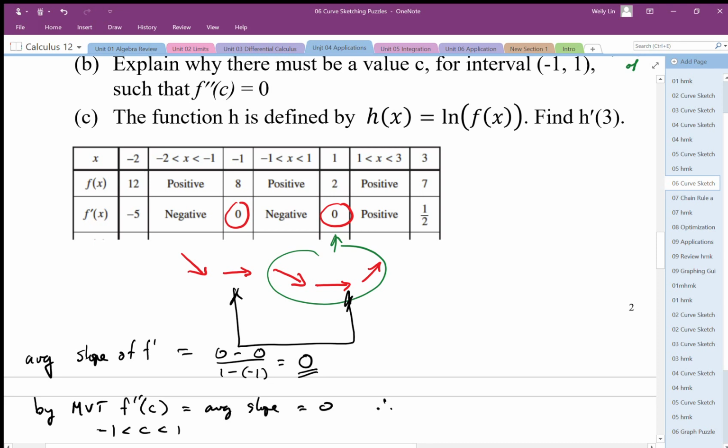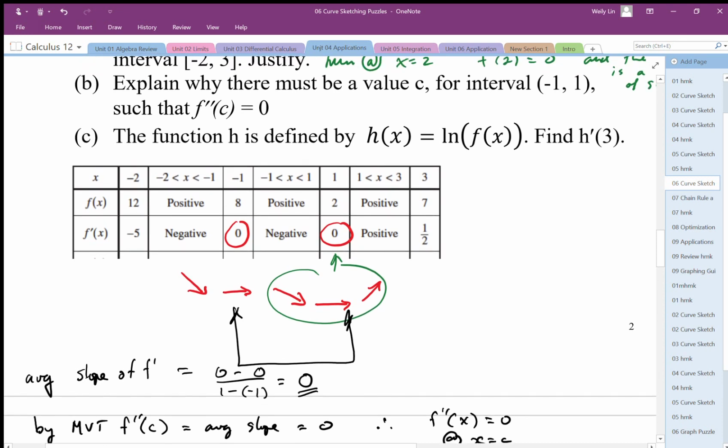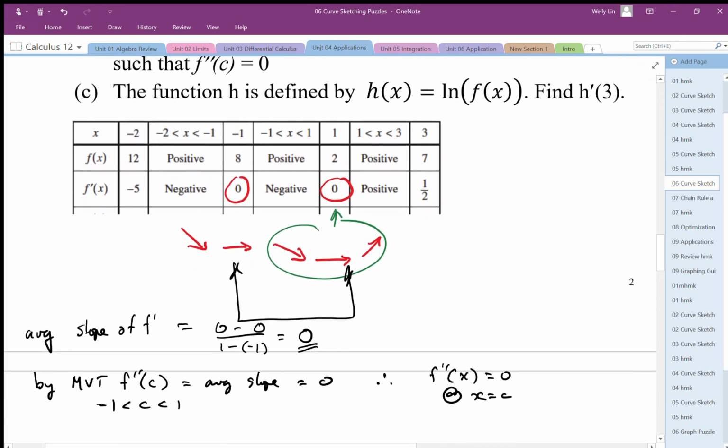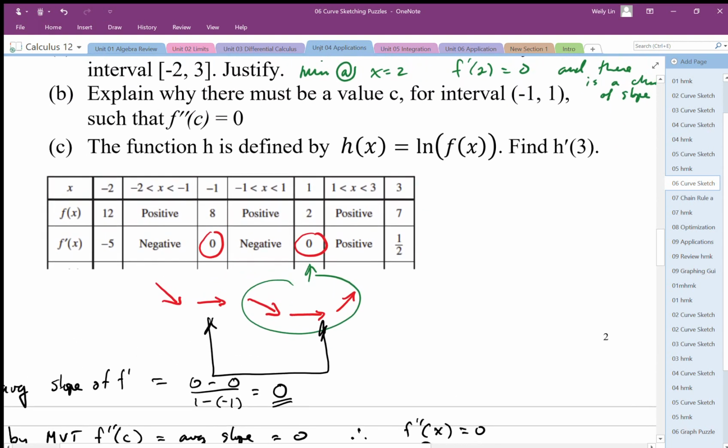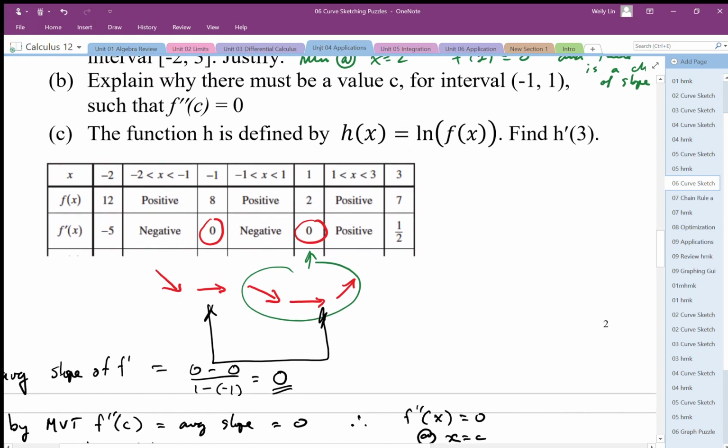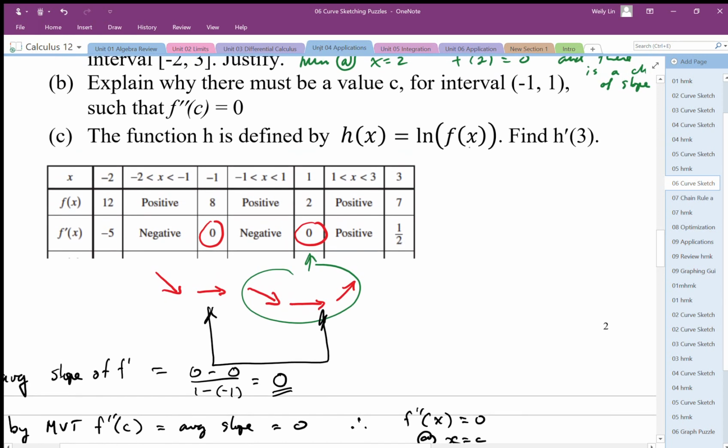Therefore, f double prime must equal 0 at some point x equals c, and that justifies or explains question B.